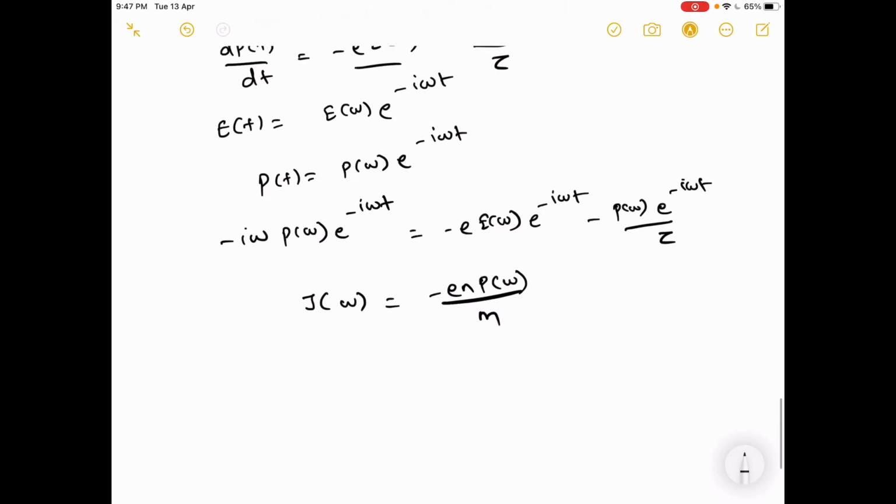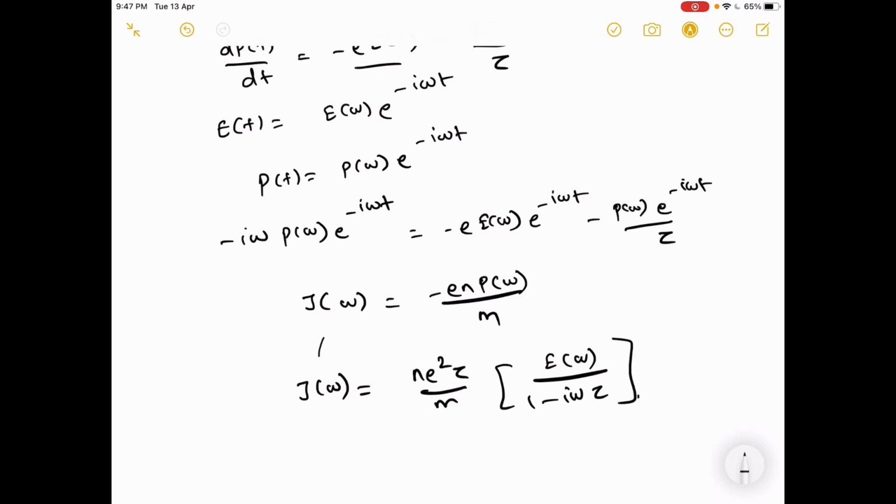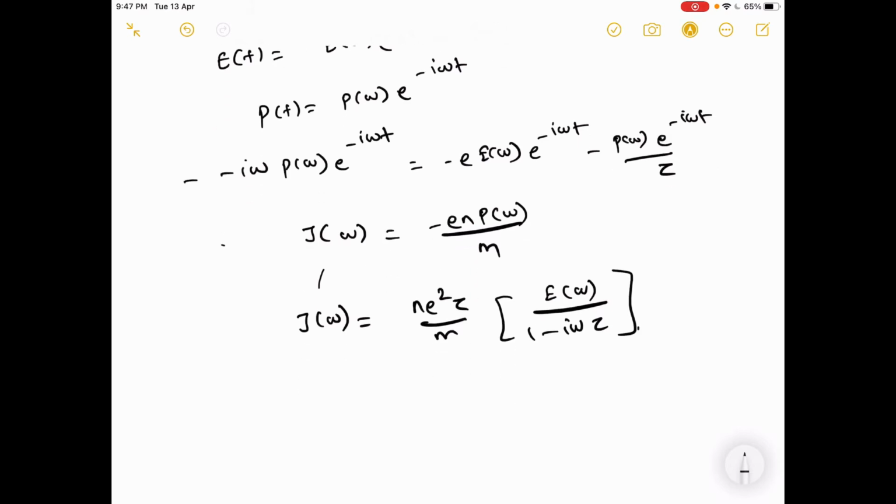If this is true, I can get J of omega from the previous expression, which will turn out to be Ne square tau by m into E of omega by 1 minus i omega tau. Using these two equations, this can be easily obtained.